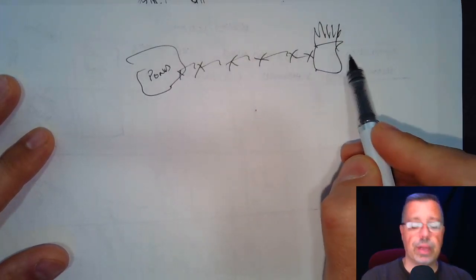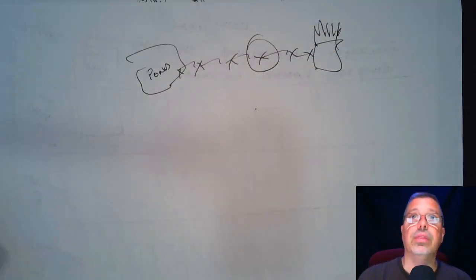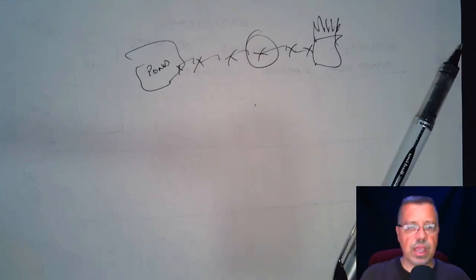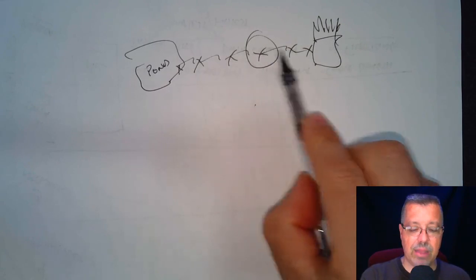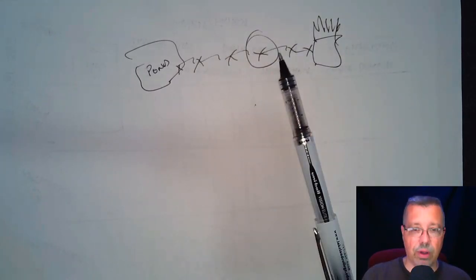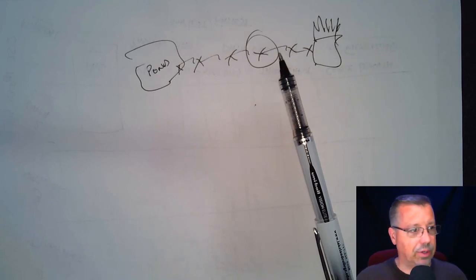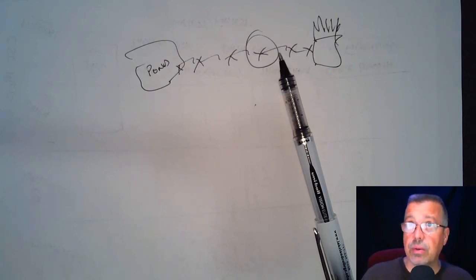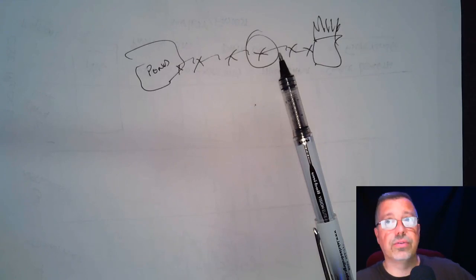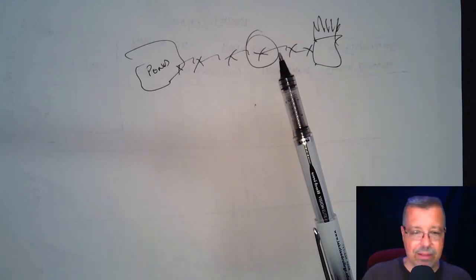So let's say we're the person in the middle. What's your job? Your job is to take something from point A and deliver it to point B. That is a layer 1 function. As you're passing buckets, it's a full bucket of water, a full bucket of water, a full bucket of water, and then a half bucket, a quarter bucket. What do you do with it? Do you stop everything and say, hey, we have some problems? No, you just pass.